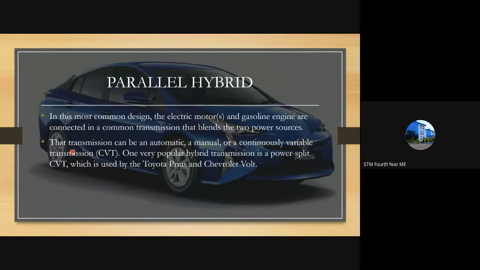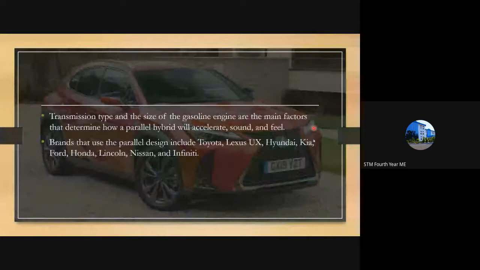That is a CVT transmission. Commonly seen parallel hybrids are the Toyota Prius and Chevrolet Volt. This is a Toyota Prius, which is shown in the background, and another one is the Lexus UX. This is also a parallel hybrid. So both of these are parallel hybrids.